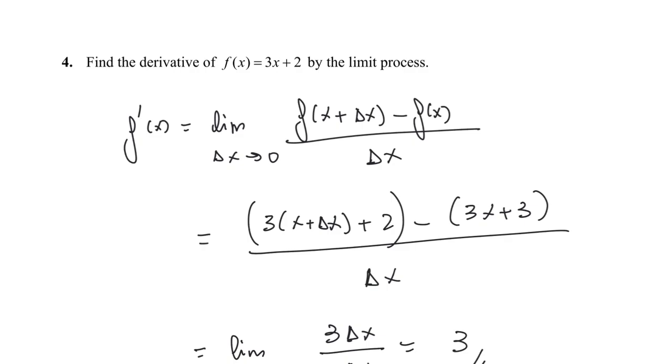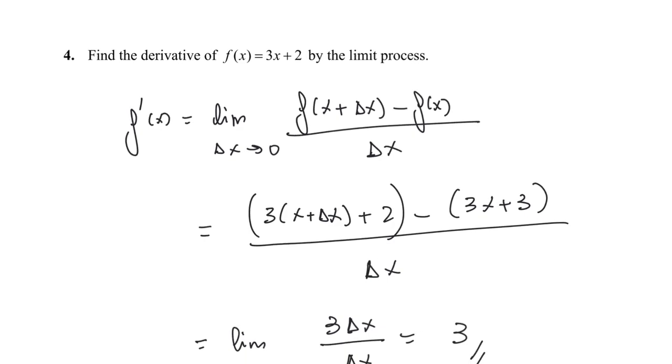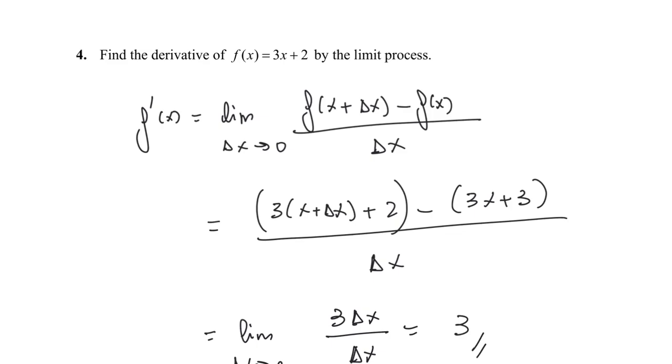The next problem is trying to repeat again the same process. Find the derivative. Well, the derivative is the slope, so it should be 3. For any x, it should be 3. So we do again the same process. We find f of x plus delta x minus f of x. f of x plus delta x is when you plug in x plus delta x instead of x.